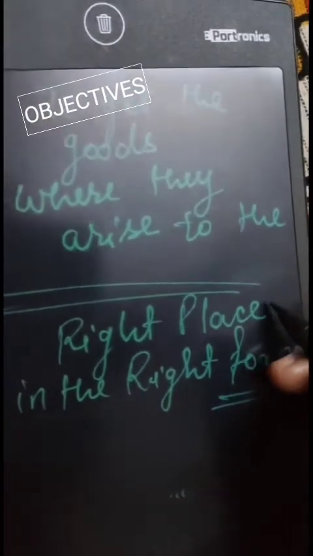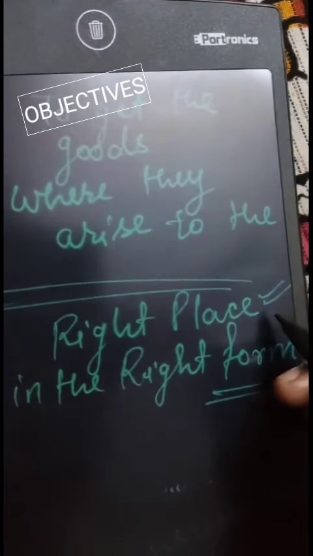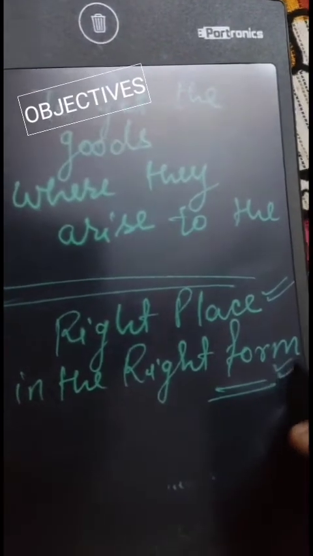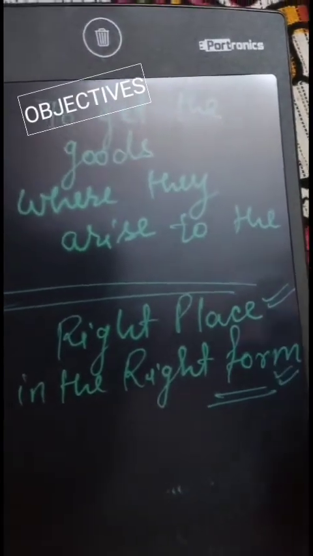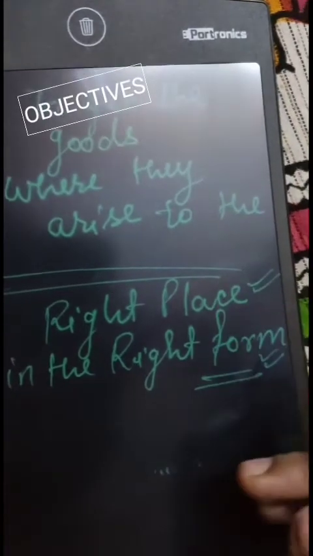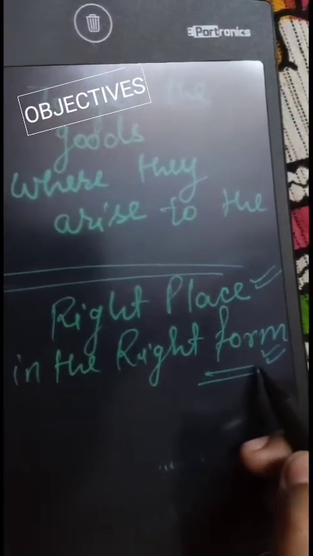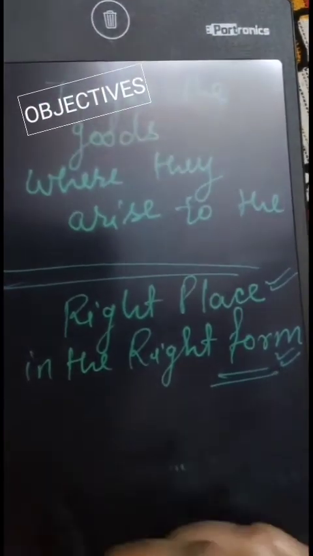Right place means to the exact customer who ordered the product. Right form means the product which he ordered should be in the right form, the way he ordered it. There should not be any damage.